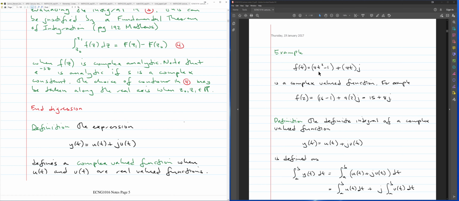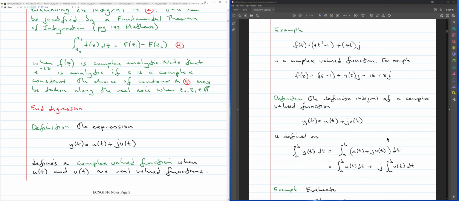If I put in a certain value for t, say t is equal to 2, I'm going to get a real number here. So I'll get 16 minus 1, which is 15. And here, if I put in t equal to 2, I get 4 times 2, which is 8, but it's 8 times j. So overall, what I get is a complex number. So this function is complex valued, which means that when I put in a real number, I'm going to get a complex number.